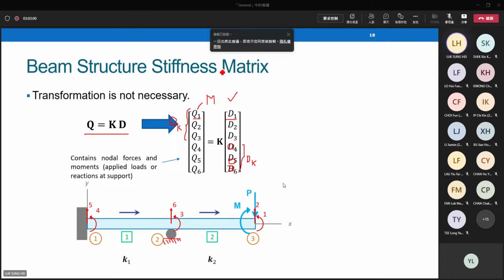From this picture, we can see that we have one applied moment along direction 1, but in the opposite direction, the moment is clockwise. Clockwise means negative. So minus M. Q2 talks about the force along direction 2, the vertical direction. Again, we have one force along direction 2, but in the negative direction, minus P.